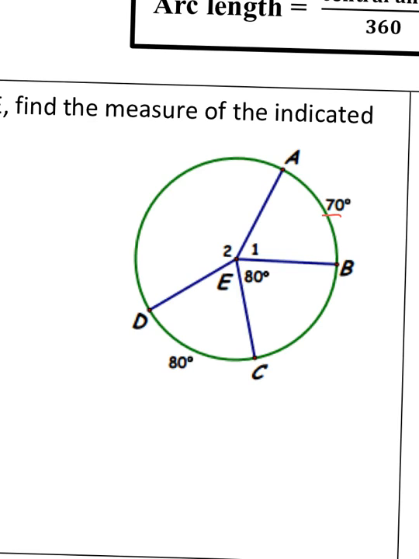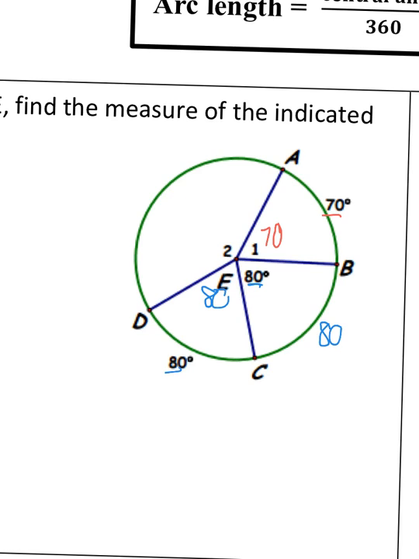What that means is that this central angle here is going to be 70 degrees. As you can see right below that, we have 80 degrees. What that tells me is that this arc, BC, is going to be 80 degrees. Down here, this arc is 80, so therefore I know this piece is 80.